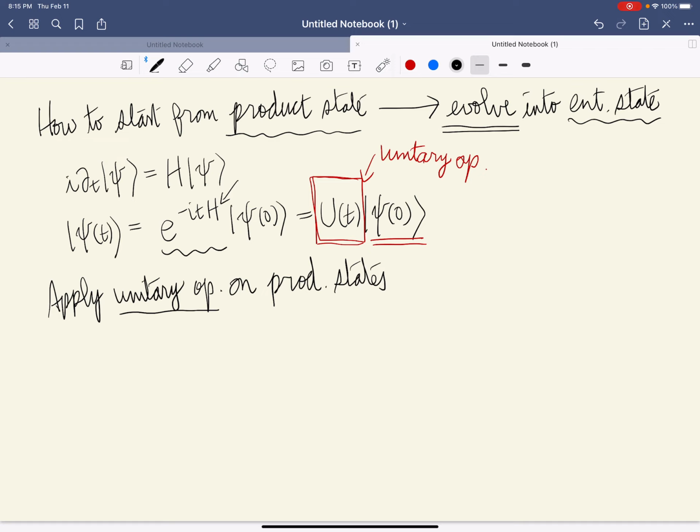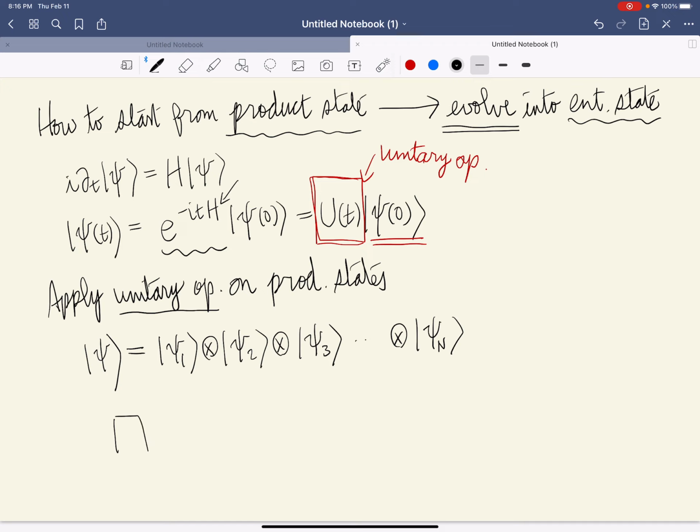Okay, so let's get down to a more practical implementation or explanation of the idea. So I give you this example of a product state. So here each psi represents the state of a single qubit, etc. Let's say we have an n qubit system, which I draw schematically like this.